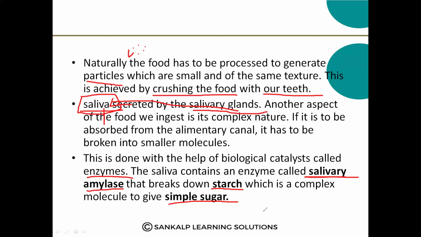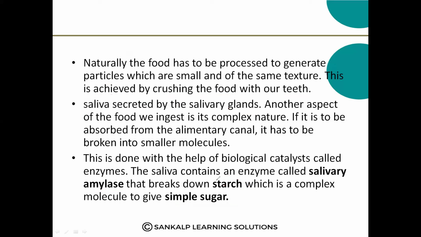They ask the question, what is the function of the salivary amylase enzyme? It helps to break down the starch, which is a carbohydrate, right? It breaks down starch into simple sugar. So in the mouth, starch is converted into simple sugar. This is how digestion takes place in the mouth. Very importantly, we should know about the glands and their secretions and functions.